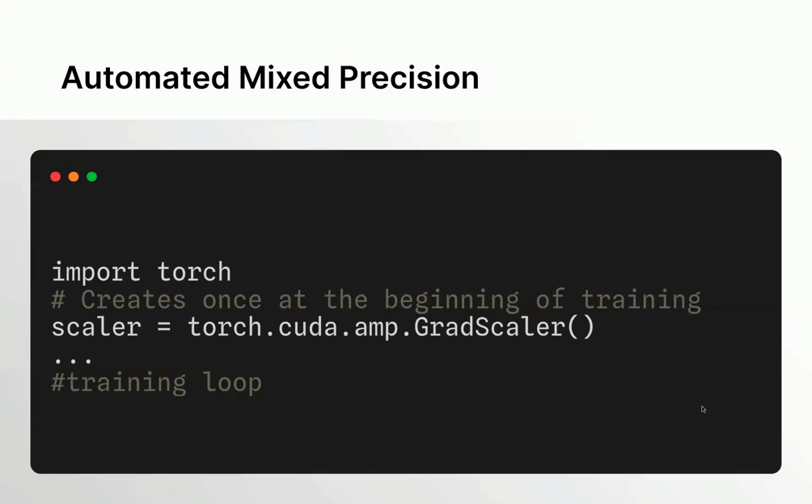So this is how you can utilize automated mixed precision within PyTorch. You simply need to add one line at the beginning before your training loop, and then utilize the scaler. Again, there will be full code provided on how to utilize each of these, which will be available on the cluster and in GitHub as well.